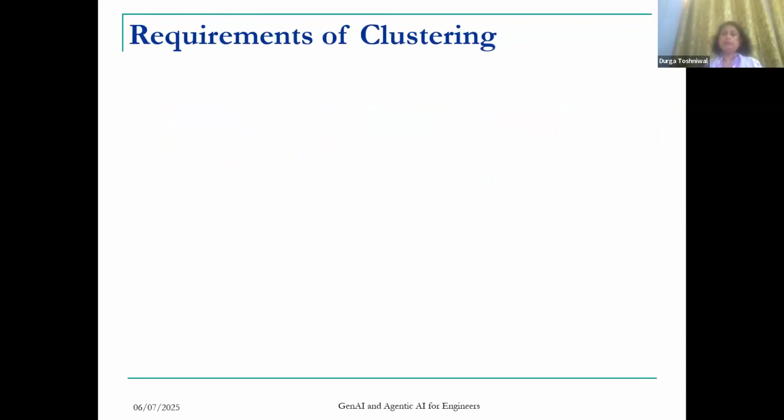So now, as I already discussed, we want to identify the groups that are available in the data. What do you think should be some important properties or requirements that a clustering method should satisfy according to you? Maybe you can respond over the chat.